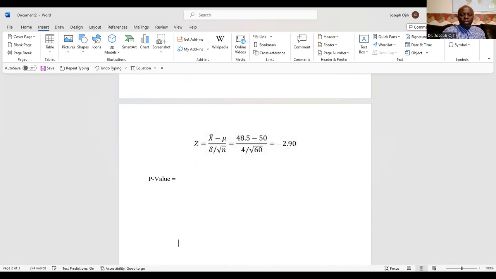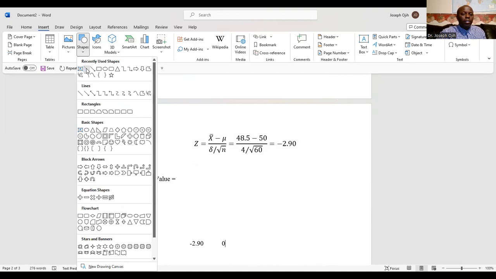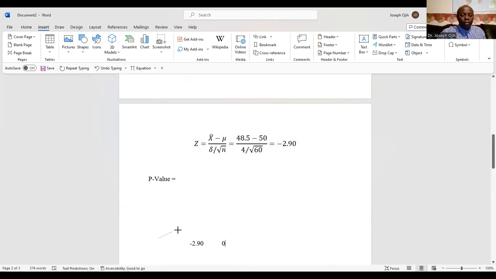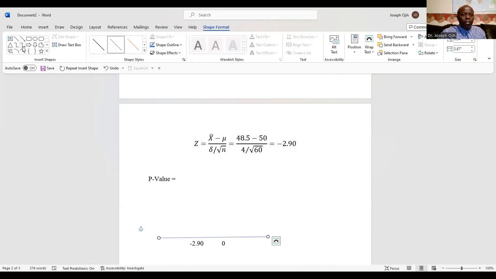So we're going to have negative 2.90, and the middle number is 0, so that we can have this line. Oh, I think I chose the wrong line. Let me undo it.